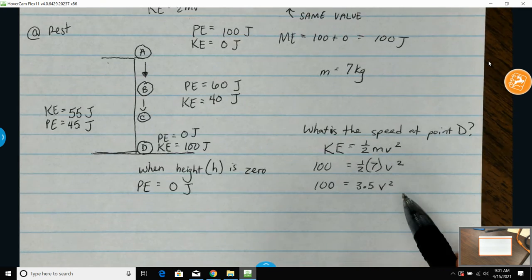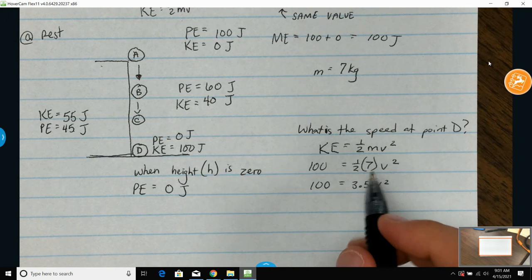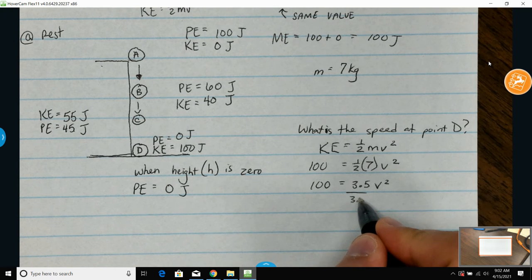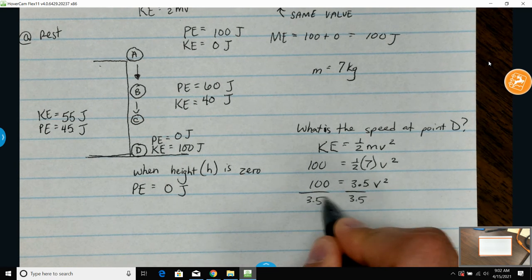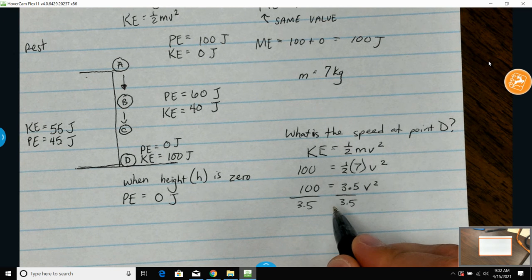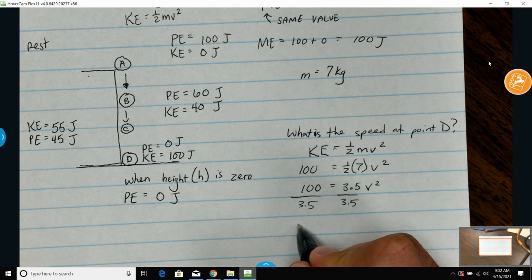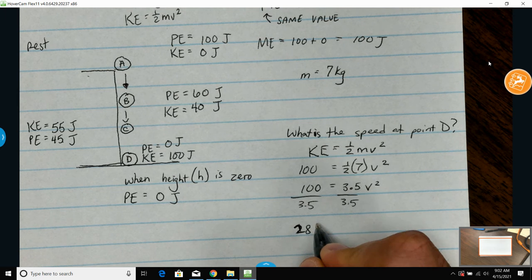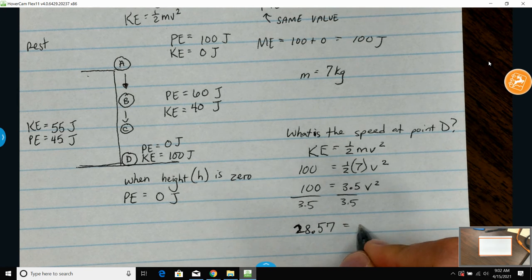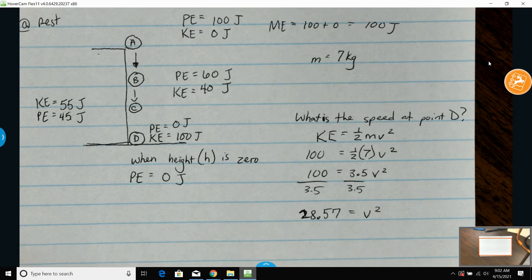To get v squared by itself, you've got to divide both sides by 3.5. So let's see, what is 100 divided by 3.5? That's roughly 28.5. So we have 28.57, rounded to 2 decimals, is equal to v squared.